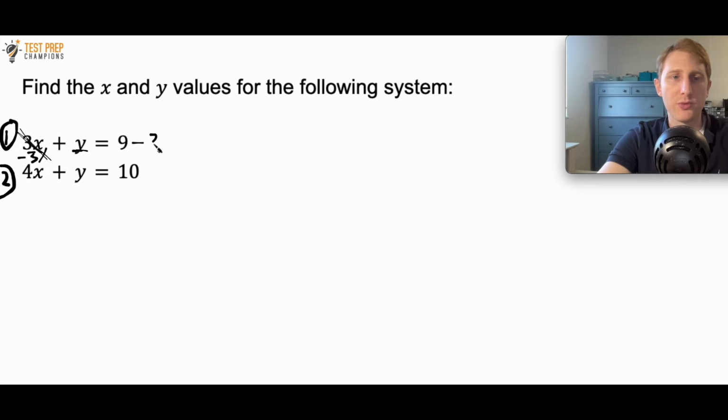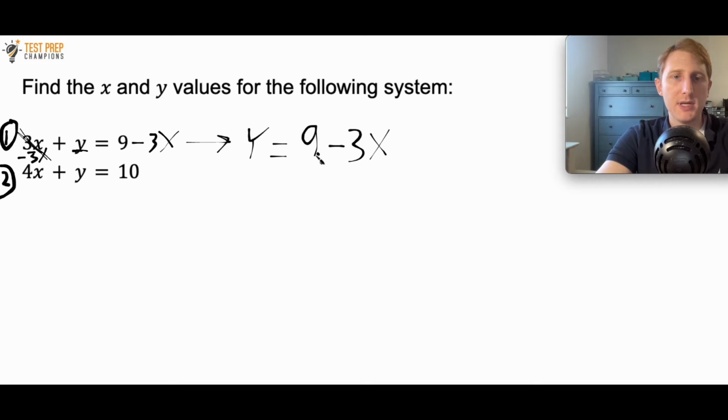And when I subtract 3x from the other side, I end up with y equals 9 minus 3x. You could also write this as y equals negative 3x plus 9, two ways of writing the same thing. So again, I picked equation 1, I picked y as the variable, and I solved equation 1 for y, and I got y equals 9 minus 3x.